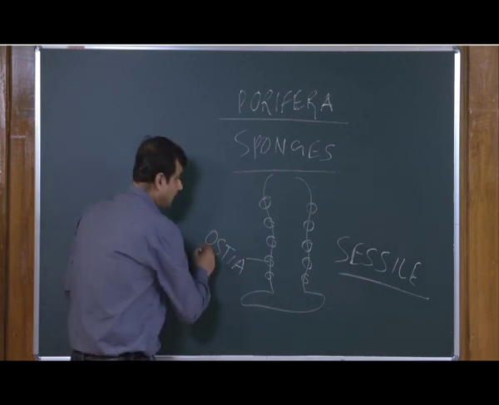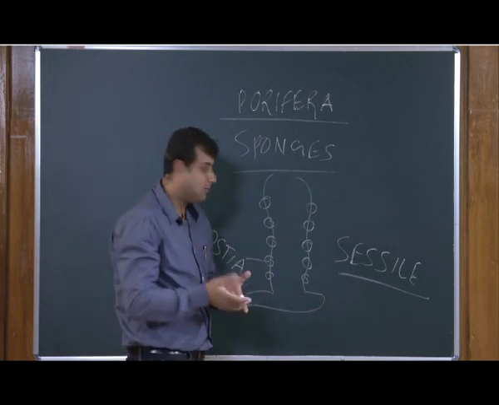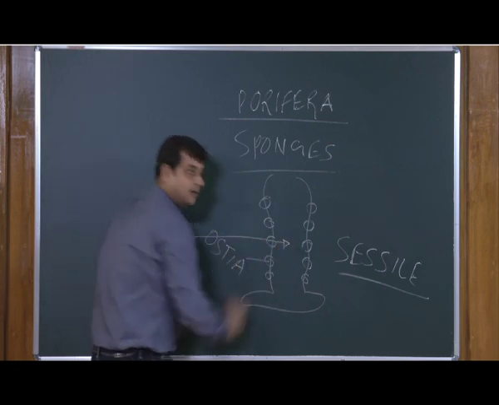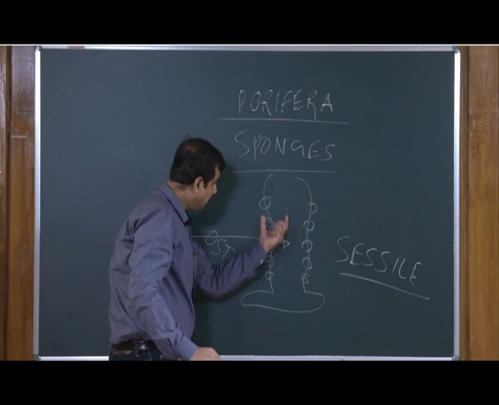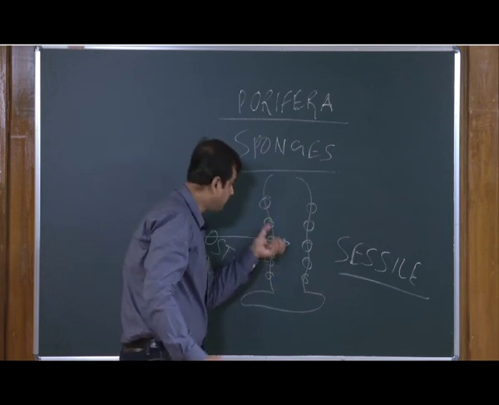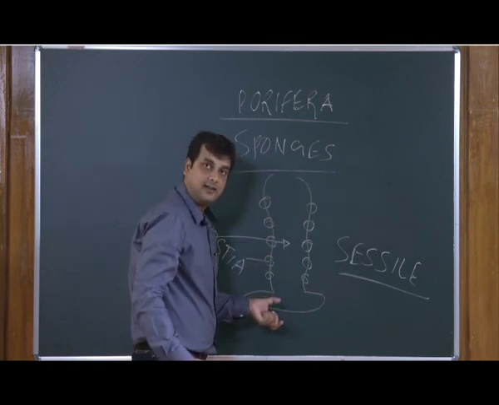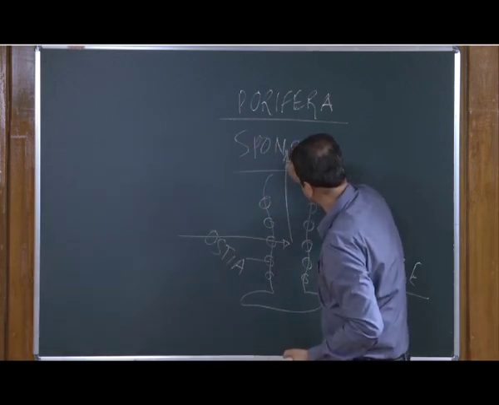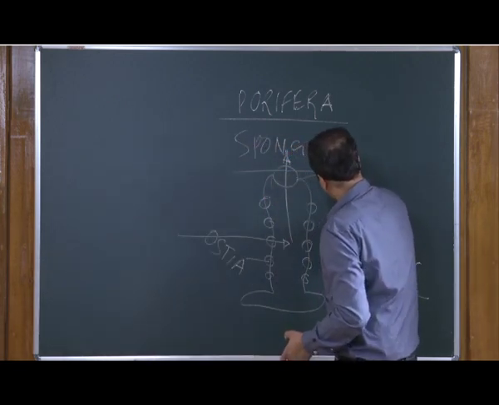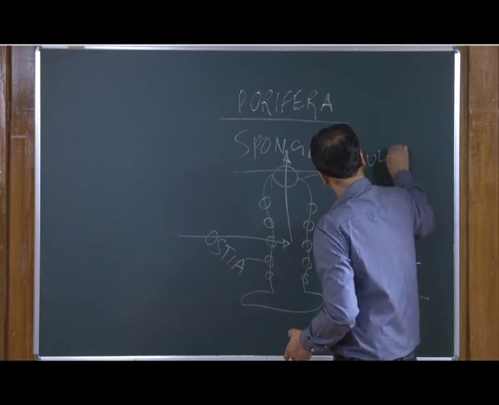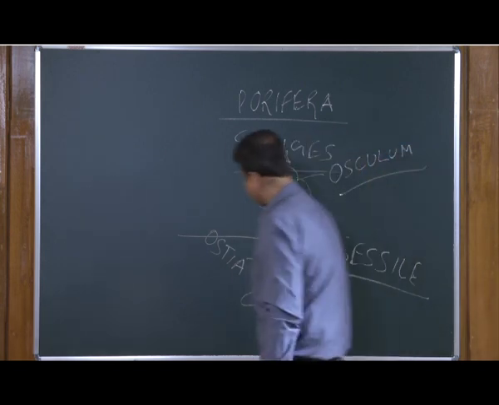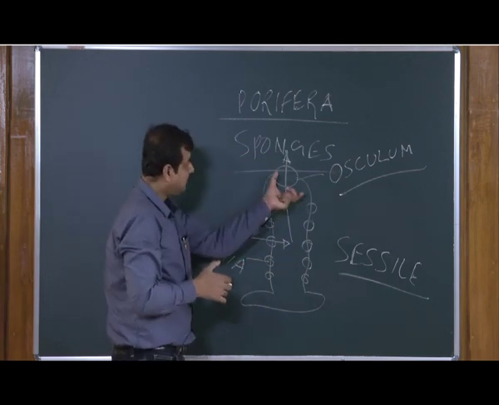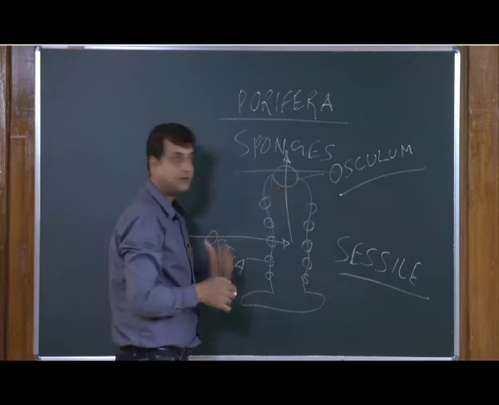The water containing all the gaseous elements comes inside the body cavity, and after being assimilated and absorbed through the body surface area, it goes out through a very specialized structure called the osculum. So, the osculum and ostia are the exit and entry points respectively in sponges.